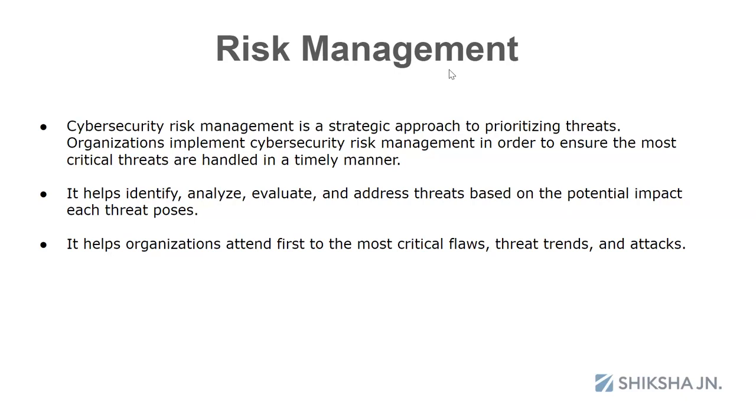We can't simply fix something and go ahead to the next step. It needs a proper procedure, and that procedure is going to be provided by the risk management domain. So here we are going to see how the organization is helped against critical flaws and trending attacks. What are the current attacks happening in the markets? These are the strategies we'll be learning about in risk management.